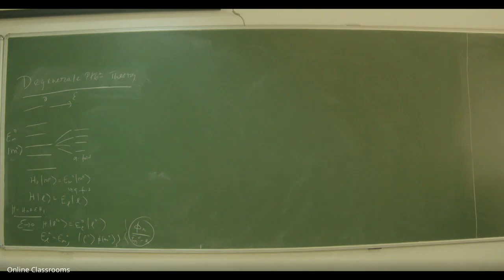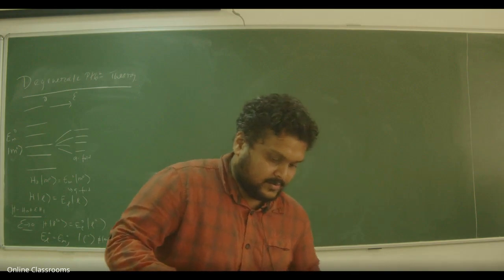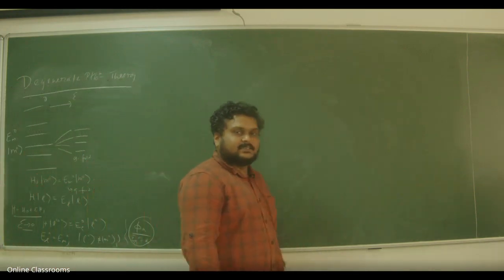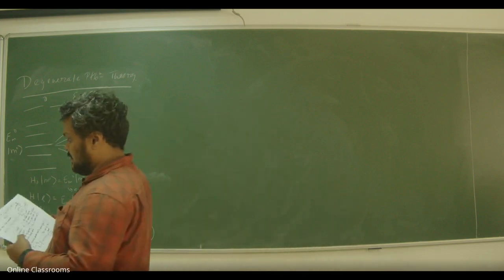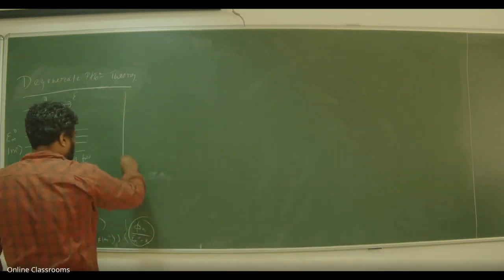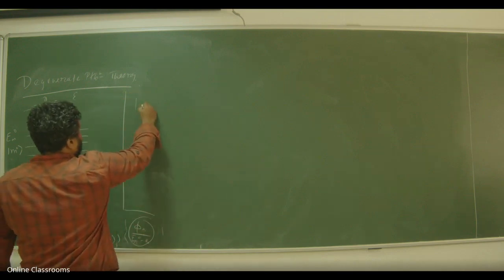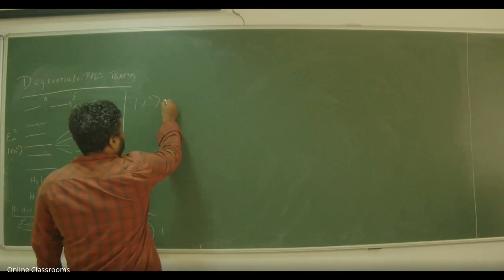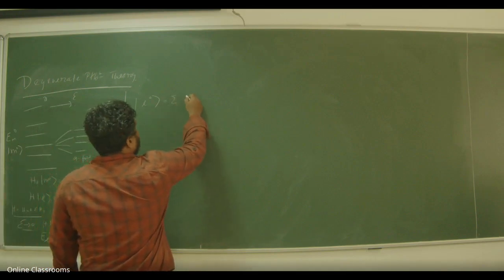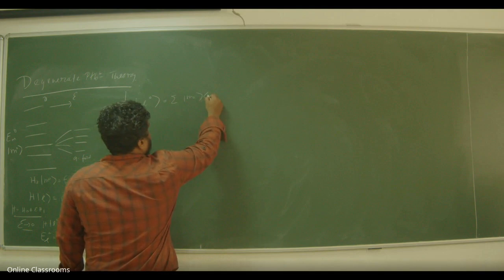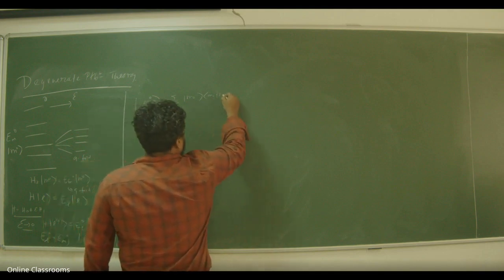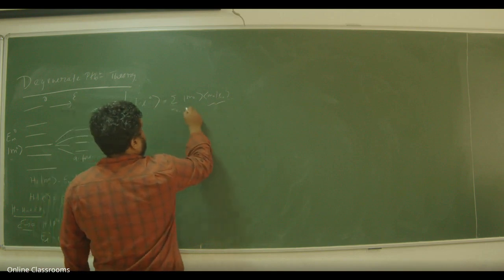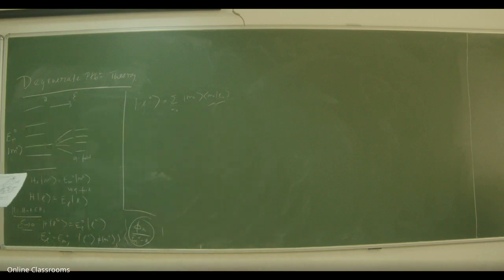Let's see how to proceed. We stated earlier that we are going to do this by splitting the Hilbert space into two parts: one part is the degenerate part, another is the non-degenerate part. All we are trying to find is an L0 which we want to work with, and that L0 will always be some linear combination of the M0s, and these are the coefficients that we have to find.